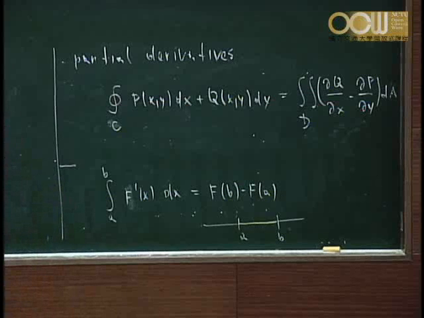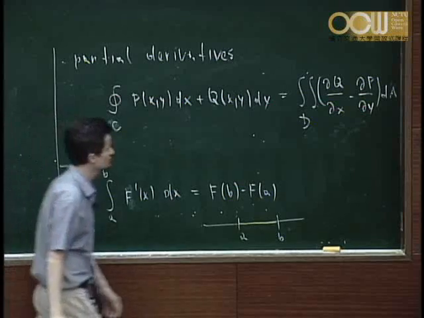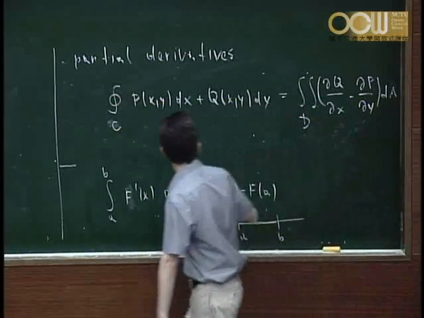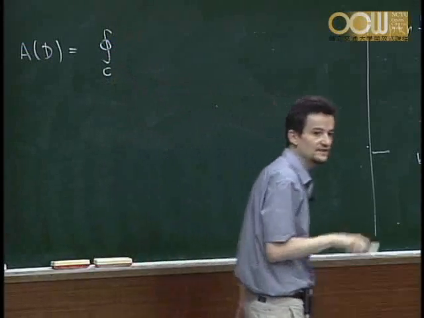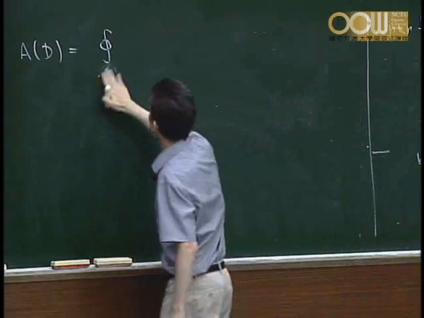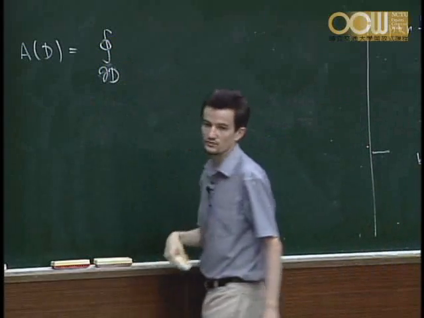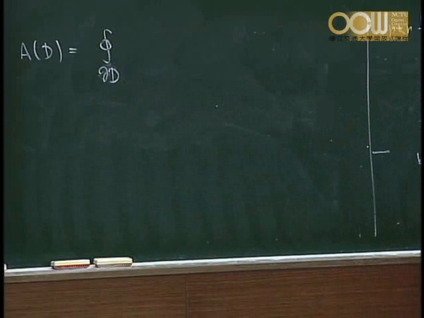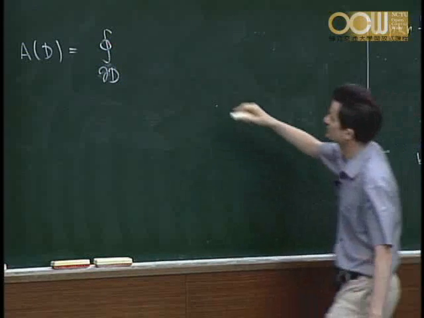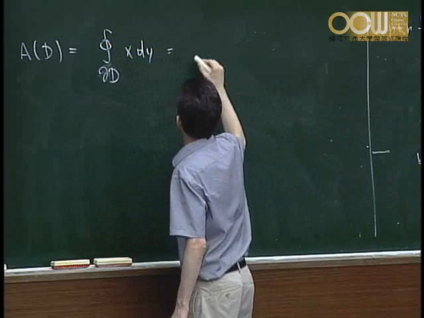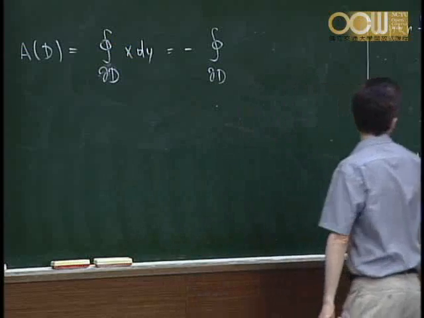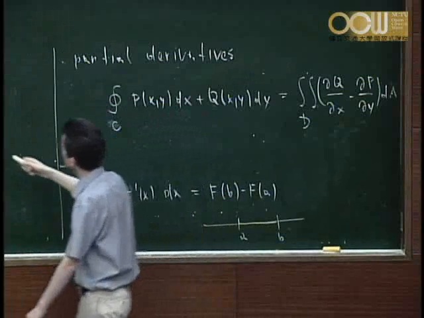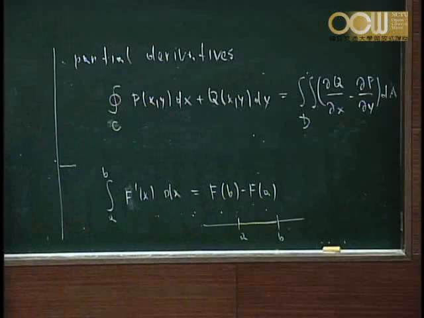So you see that the area of D is equal to, for instance, with Q equal to X, the line integral over C, where C is the boundary of D. We sometimes use this symbol here for the boundary of D. Then you choose Q equal to X, so you have X dy. Another way is minus the line integral, where you choose P equal to minus y, so you have y dx.